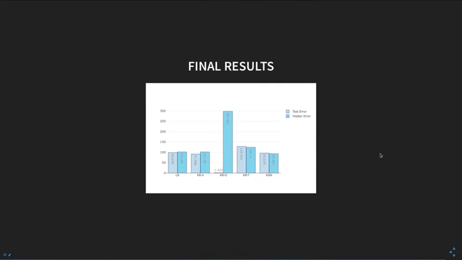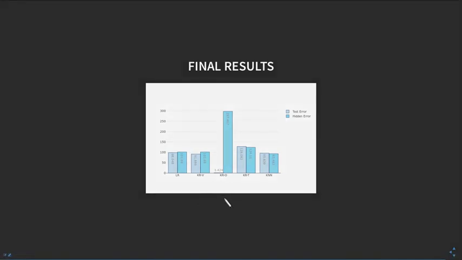So just to nicely plot the final results, you can also see the comparison between test error and the error on the actual hidden data that we have. So one thing to note here is obviously the very much overfitted kernel ridge does very, very well. These are in thousands, by the way, so this is times 1,000.